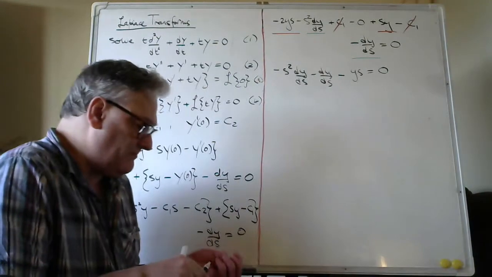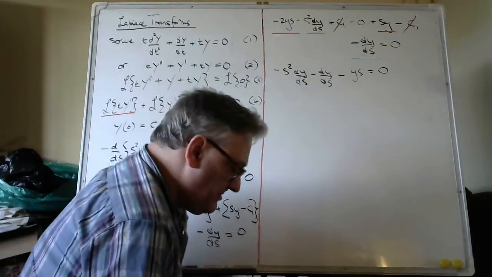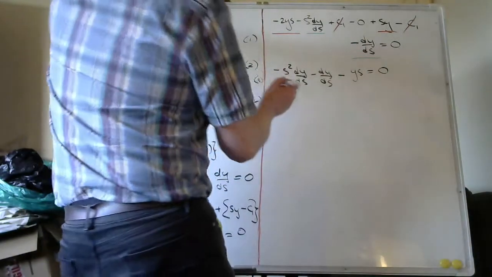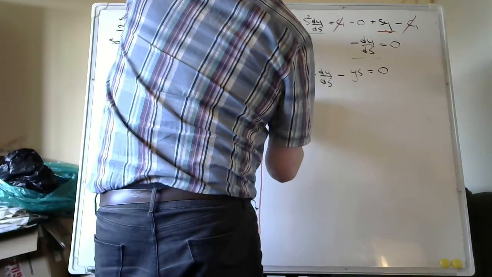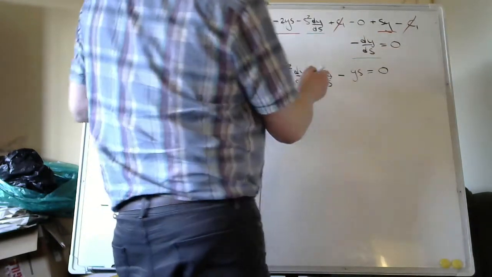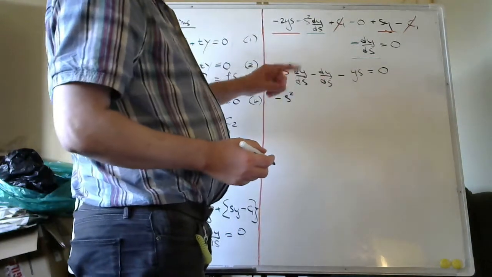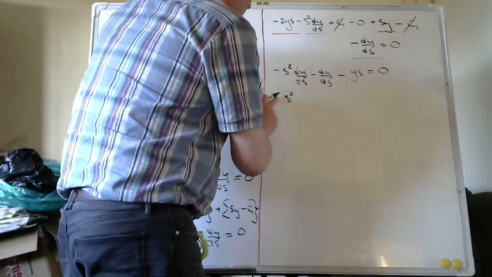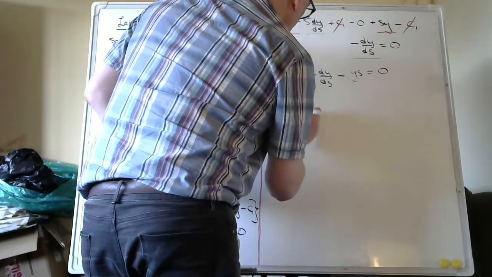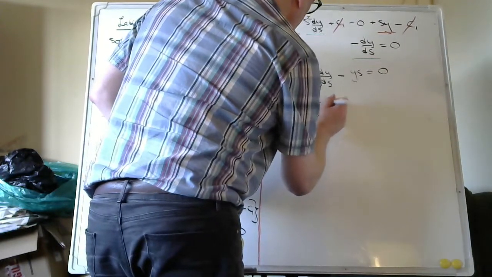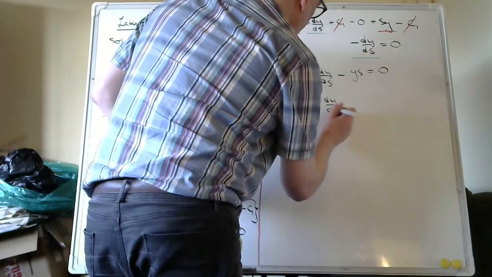Now, I'm going to simplify that a little bit further because we can factor out the dy by ds's. But before we do that, we'll multiply through by minus 1 so that we get the following.